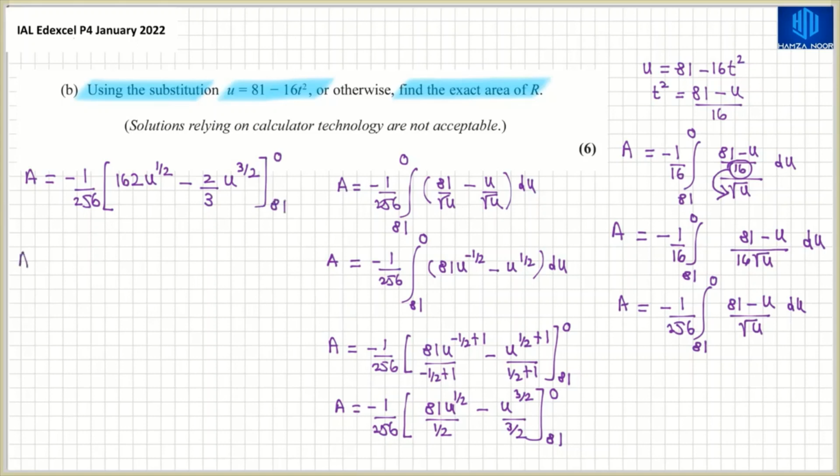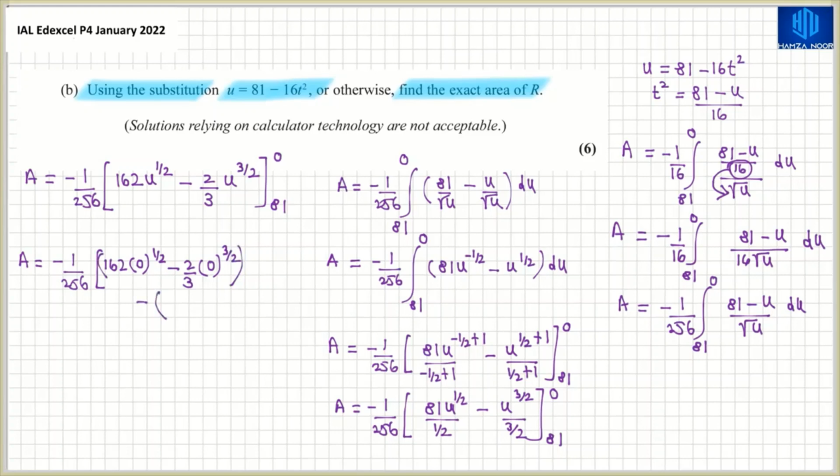So therefore area is equals to minus 1 over 256 completely multiplied by 162 times 0 raised to the power half minus 2 over 3 times 0 raised to the power 3 over 2, and then we close this bracket and then we have a minus sign.